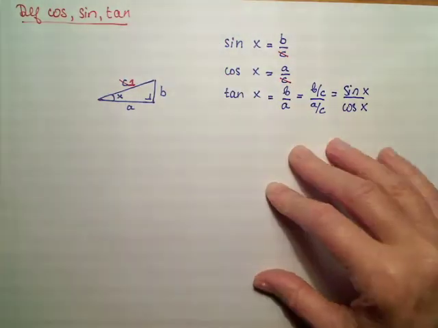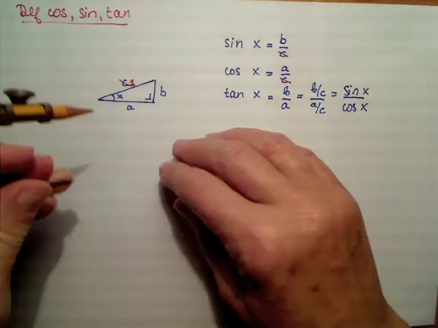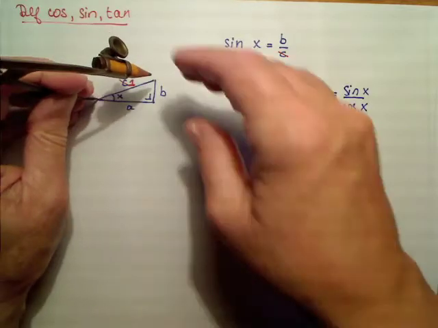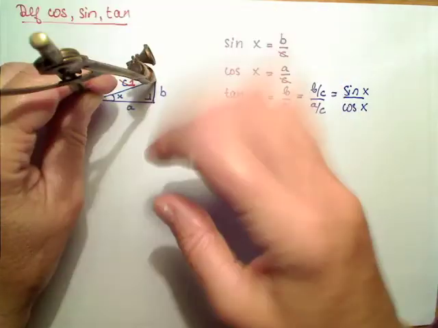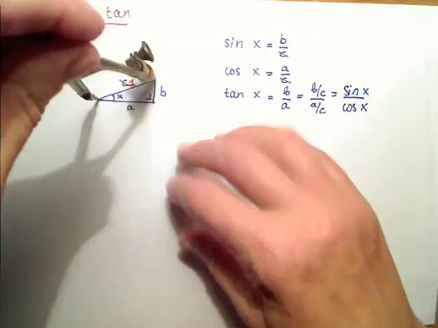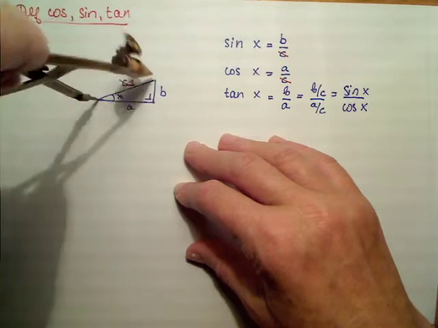And now it's convenient to understand a number of properties of these trigonometric functions by drawing a circle of radius 1 and looking at that one. So let me do it.